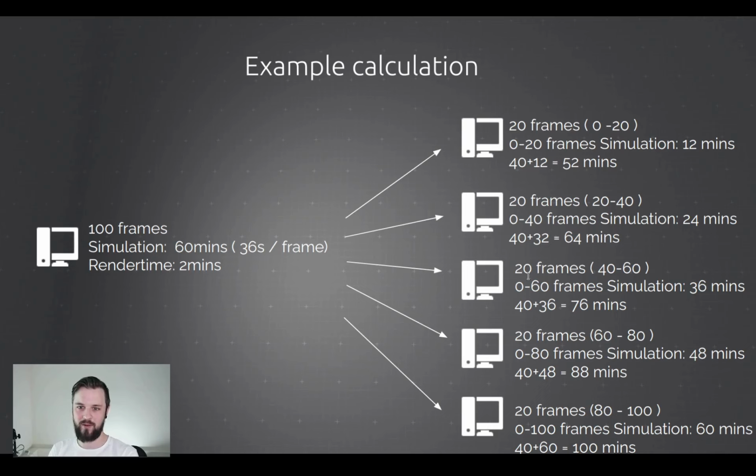And that means, let's say on the third machine, he has to simulate the first 60 frames, because even though he doesn't render the first 40 frames, he still has to simulate them again to be able to render the 40th frame. And that means overall it takes him 76 minutes to render 20 frames. And of course the last one takes 100 minutes because now he has to resim the whole simulation.